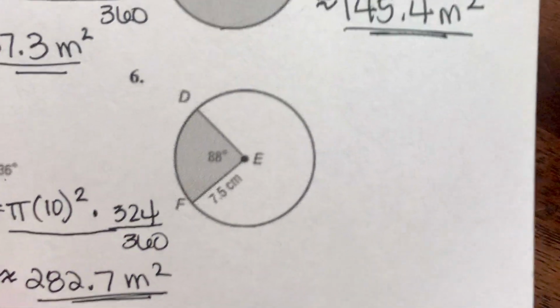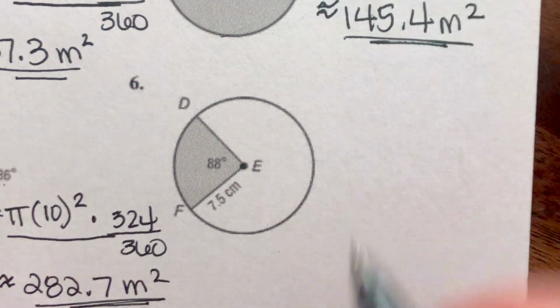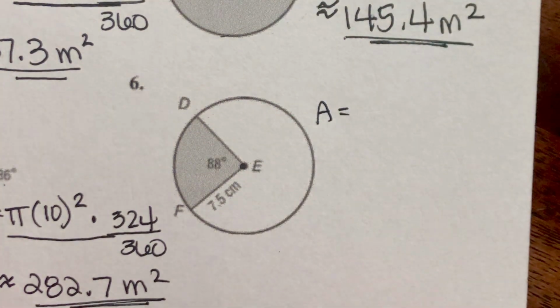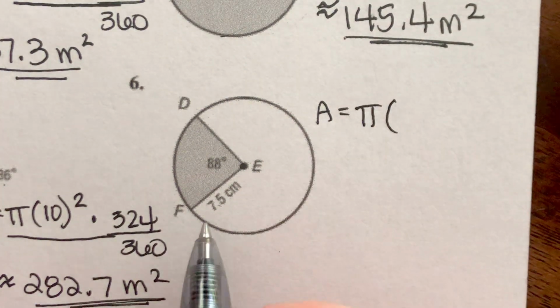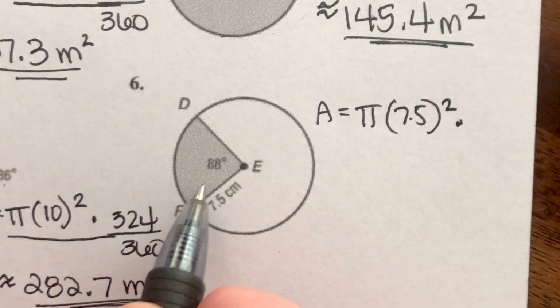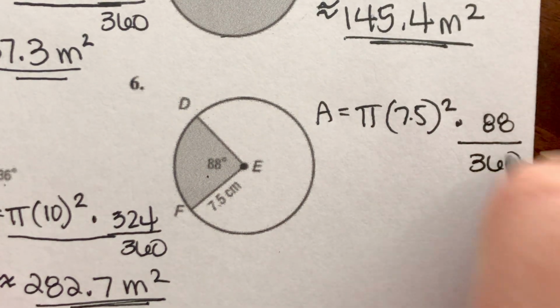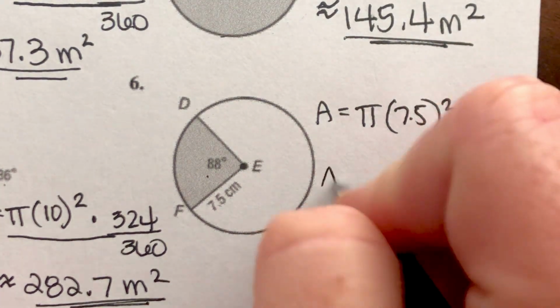Okay, and then last but not least, number 6, we've got our little slice here, which is 88 degrees. So we're going to say area of the whole circle is pi times the radius squared times our slice, which is 88 degrees all over 360.